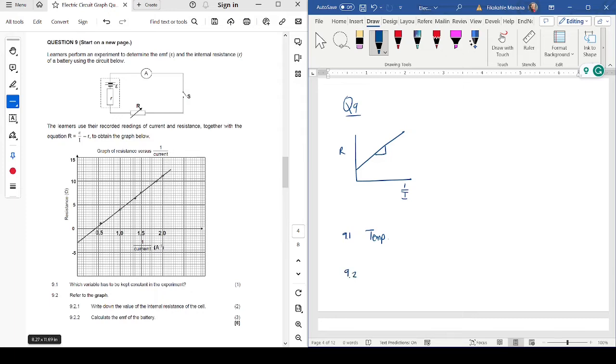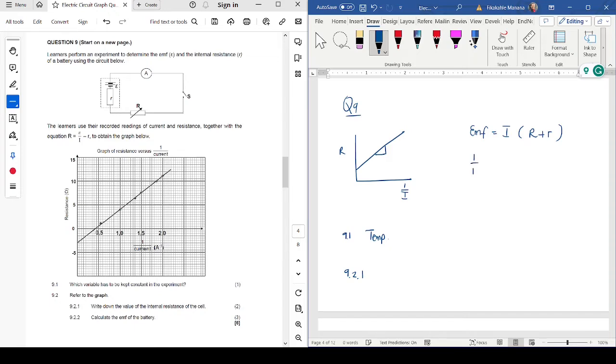9.2, refer to the graph. So 9.2.1, write down the value of the internal resistance of the cell. Now let's see. With our graph over here, if we were to use EMF being equal to your current times your external resistance plus your internal resistance, and we have seen that this graph is a bit jumbled up, we're going to divide by current and we're going to divide by EMF.